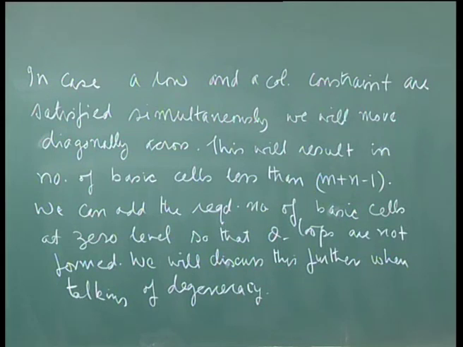In the northwest corner rule, actually what we do is we still move either horizontally or vertically and add a basic cell at 0 level, because both the row and the column constraints are satisfied. So the number of basic cells remains at m plus n minus 1. We will discuss this further when we are talking of degeneracy.